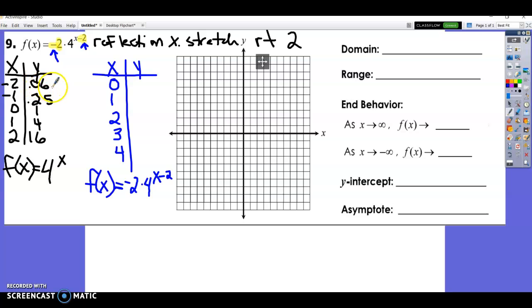So if I do 0.06 times -2, that's going to give me -0.125. And if I do 0.25 times -2, that's going to give me -0.5.